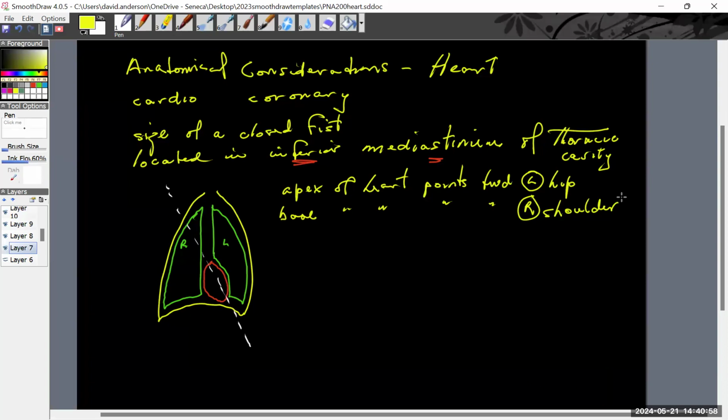And we'll see a little later that it's also slightly rotated so that the four chambers in the anatomical position don't appear to be equally distributed from an anterior posterior point of view. I'll explain that when we look a little closer at the chambers of the heart and the way that it's arranged. So we now get where the heart is located.